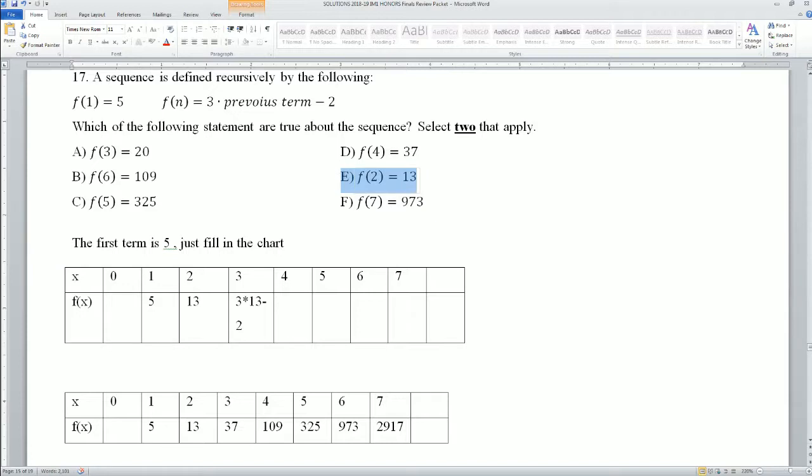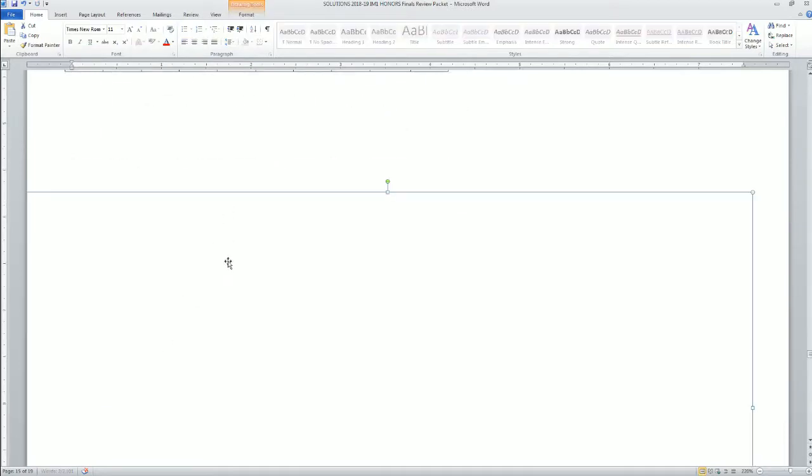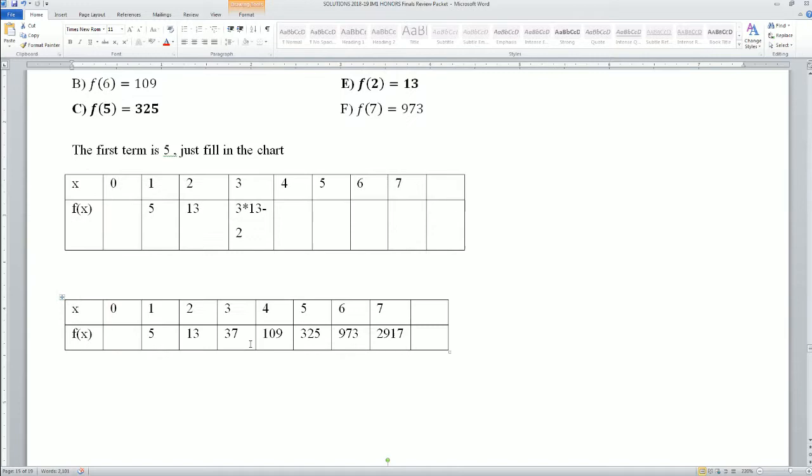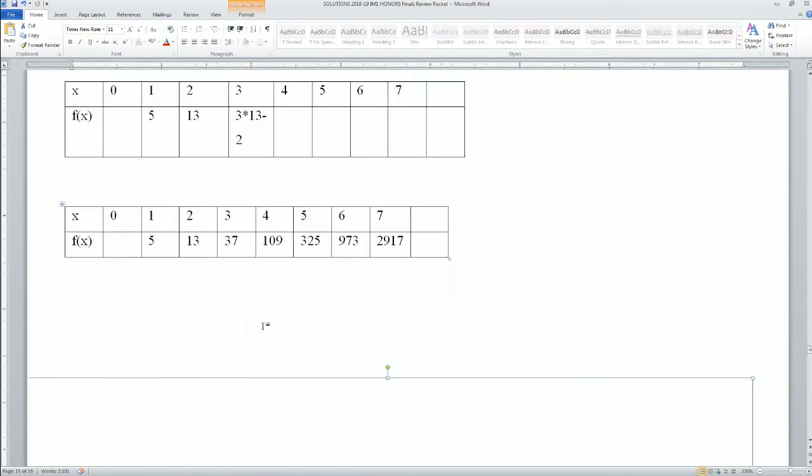Yep, that is a valid answer. 3 is 37. Nope. 4 is 109. Nope. 5 is 325. Yep. There you go. And that's it. All the rest are not valid. Alright. Good. Again, make sure you fill in the chart to make your life easy for number 17.